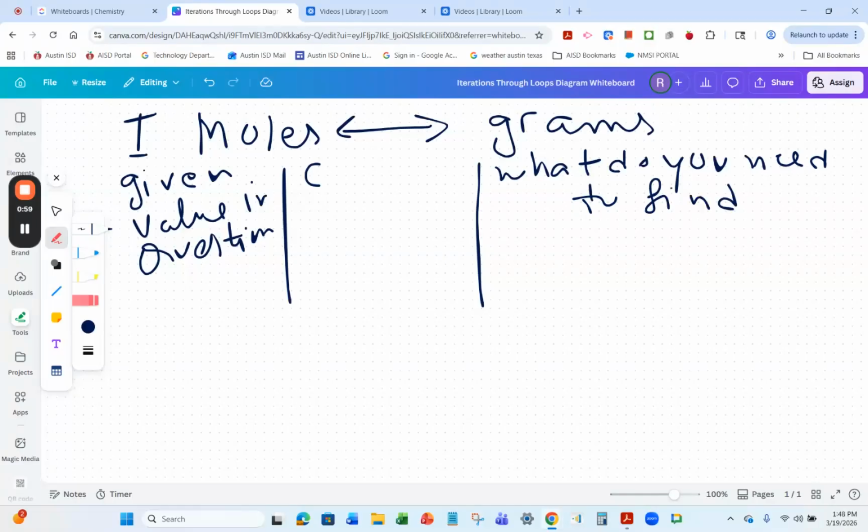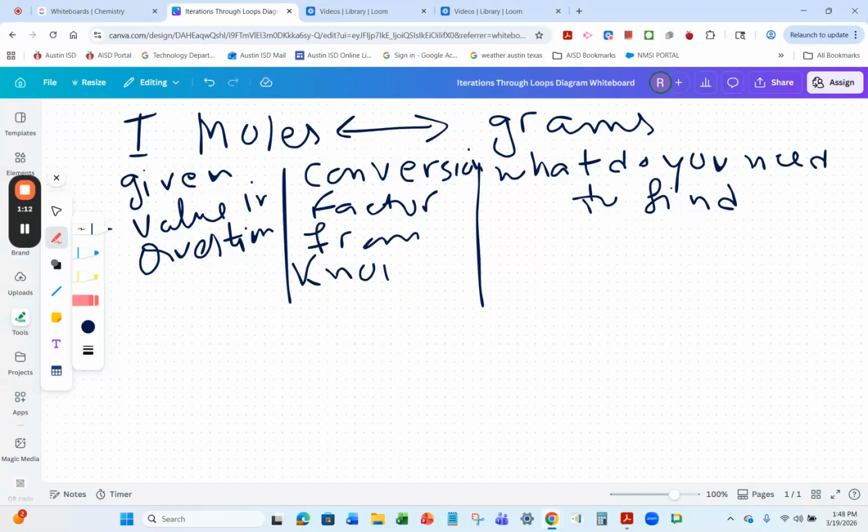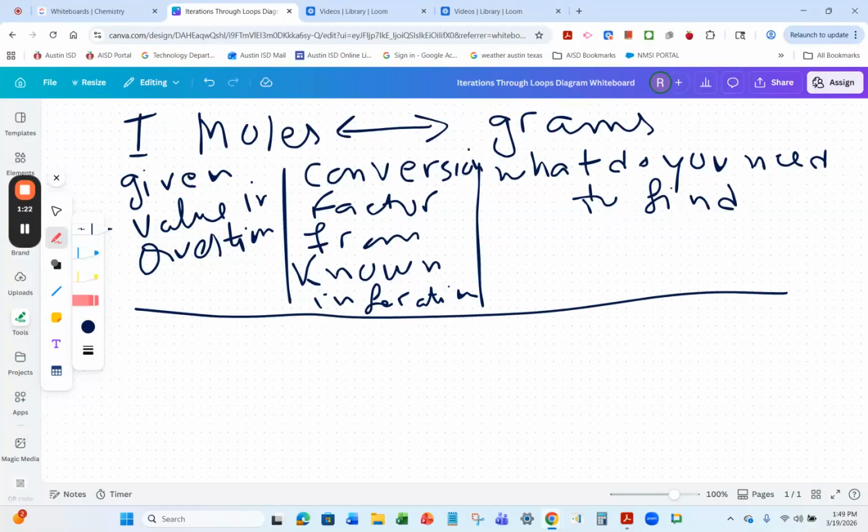And in the center, middle column, this is your conversion factor, the conversion factor from known information in the form of 1 mole. So these are your three columns. If you work in the form of three columns, you will never ever be wrong with the calculation.